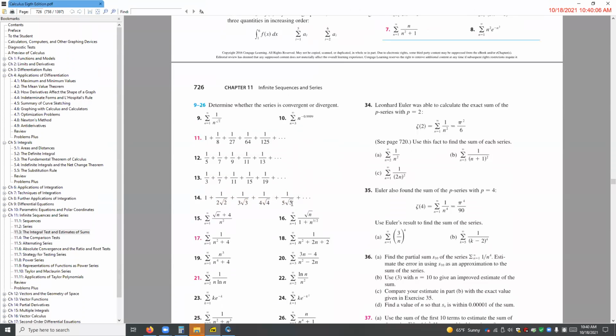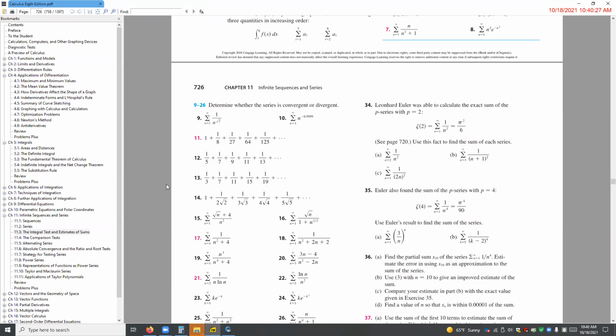Let's look at number 14 here. I'm going to copy it down, then we'll switch back to the dot cam. This series has not been given to us in sigma notation.